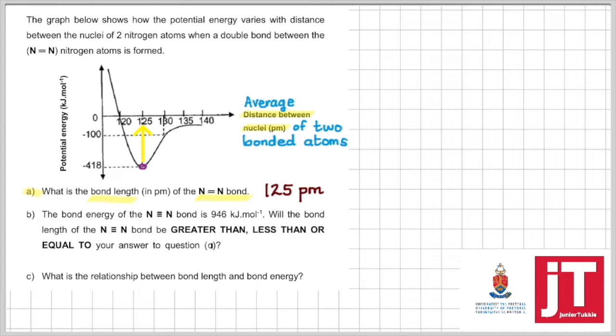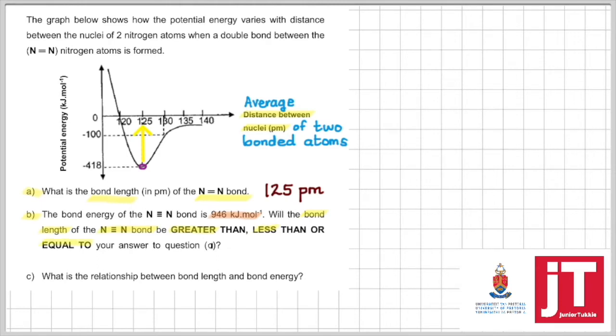Ladies and gentlemen, it is very important that you state your unit of measurement or you will not get the marks that you should. Question B says the bond energy of the nitrogen triple bond is 946 kilojoules per mole. Will the bond length of the nitrogen triple bond be greater than, less than, or equal to your answer to question A?